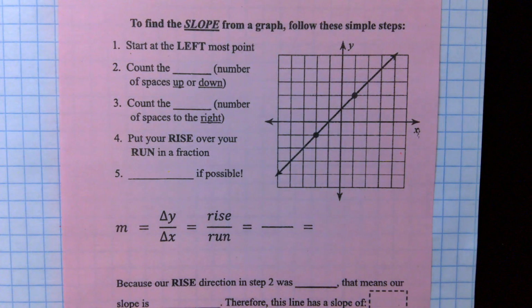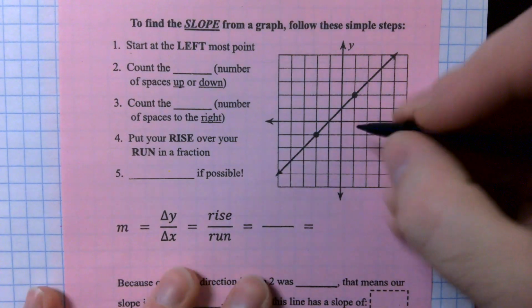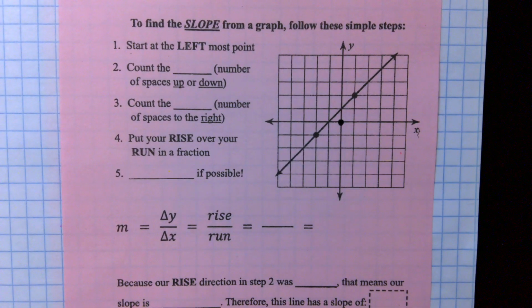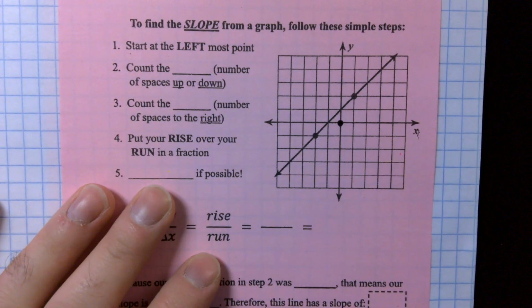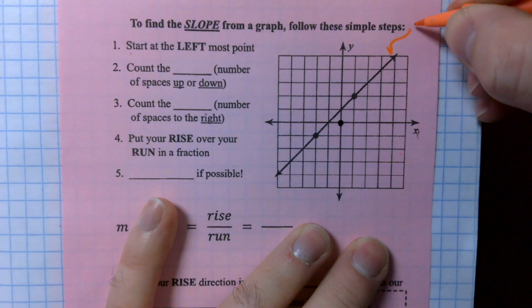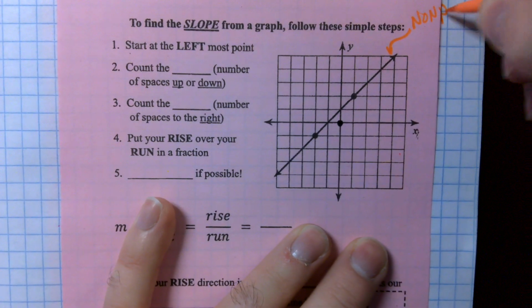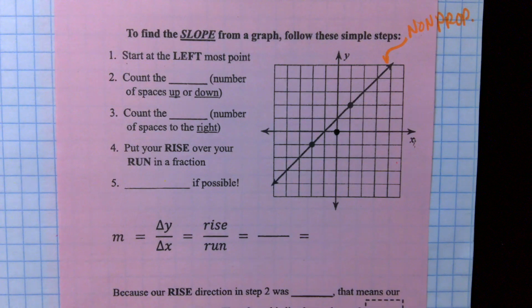The origin. Does this line go through the origin? No. My origin's right here, so I completely miss my origin. Because of that, I know this line here is non-proportional. If you remember, proportional relationships are straight lines that go through the origin.